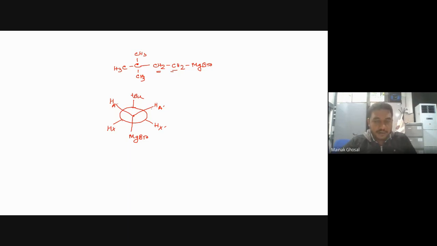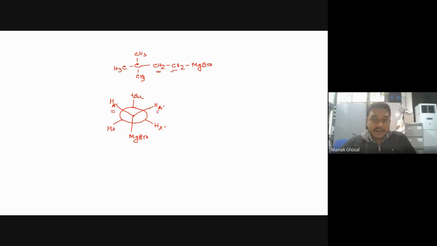Why will it be different? Because the environment here is such that these two hydrogens will be very close but not equal, not the same. And since they are diastereotopic, these two hydrogens will show a kind of quartet.